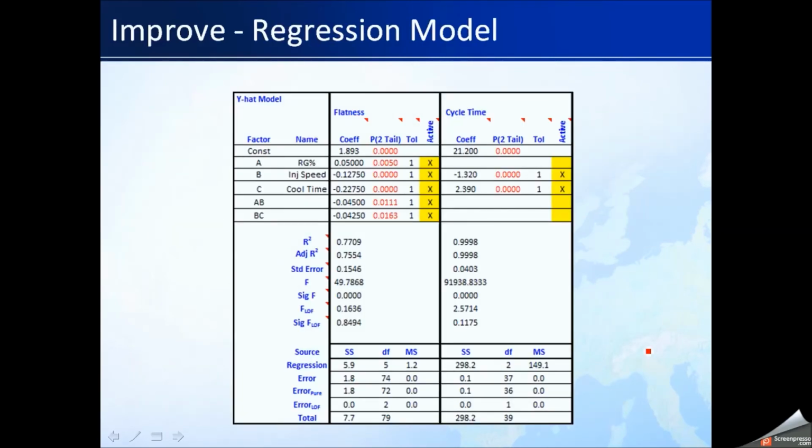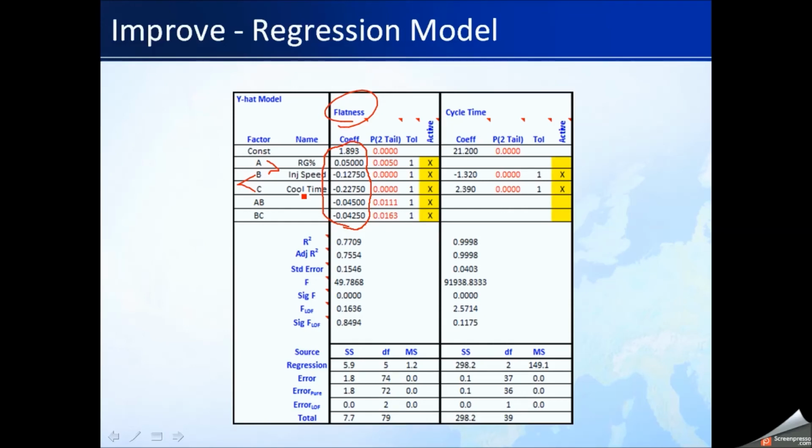Okay, and now what we have is a model. So for those of you that haven't seen it before, in this column here, that is an equation of how to achieve flatness based on regrind, injection speed, cooling time. The interaction between these two and the interaction between these two is also important.